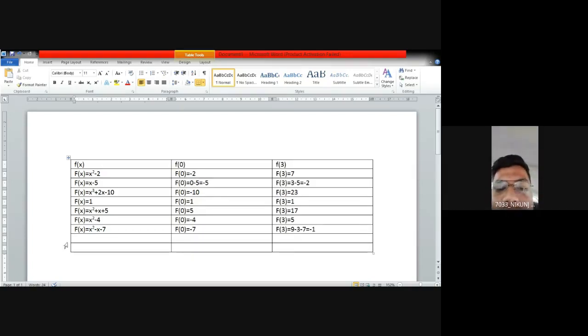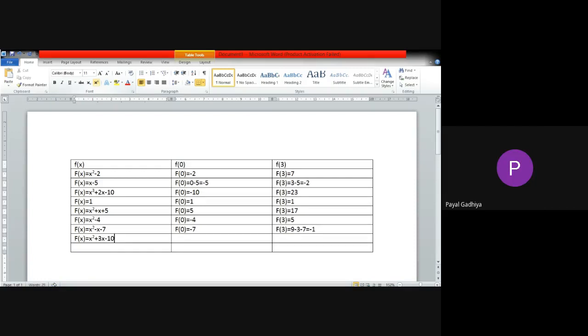f of x equals x square plus 3x minus 10. Give me the function value. f of 0 is equal to minus 10.